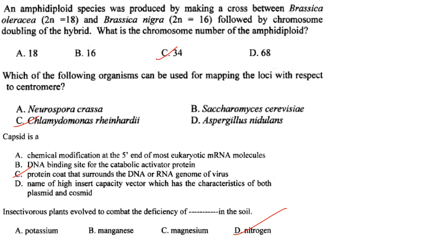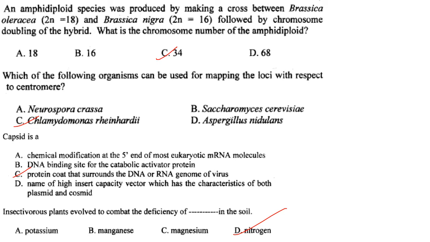DNA binding site for catabolite activator protein, that is the CAP region, not capsid. Protein coat that surrounds the DNA or RNA genome of a virus, that is more correct, that is a capsid. Name of a high insert capacity vector which has the characteristics of both plasmid and cosmid, that is also not correct. So the answer is option C.